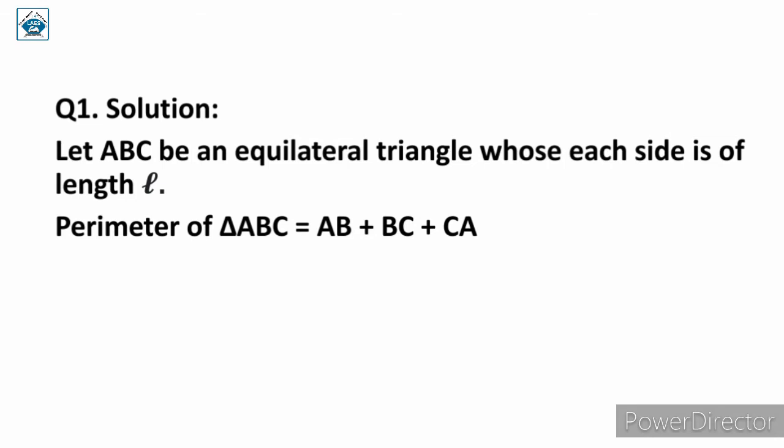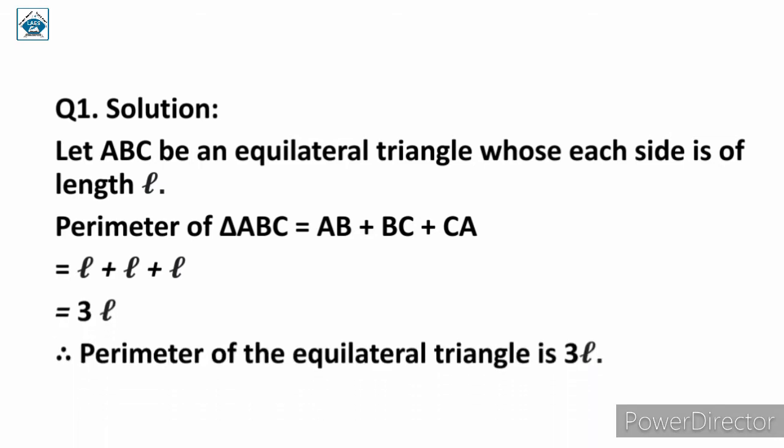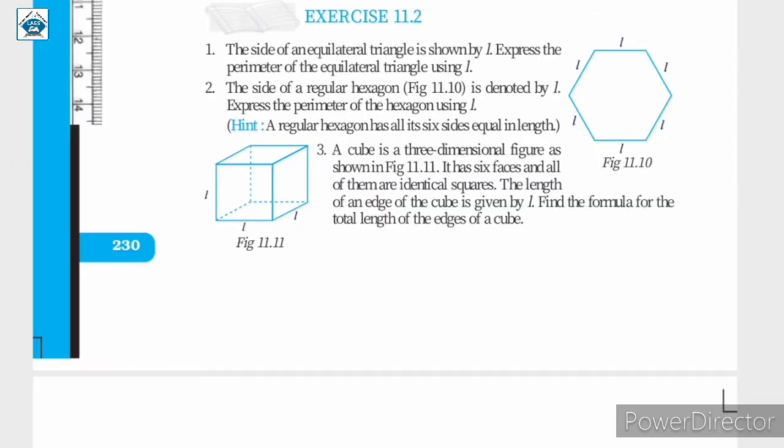Since each side is of length L, this is equal to L plus L plus L, which is equal to 3L. Therefore, perimeter of the equilateral triangle is 3L. In this way, you need to write the solution in your notebook. Question number 2.